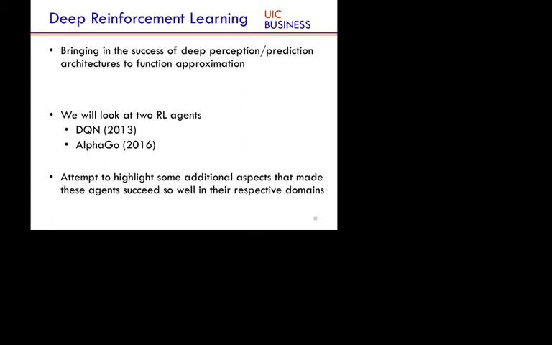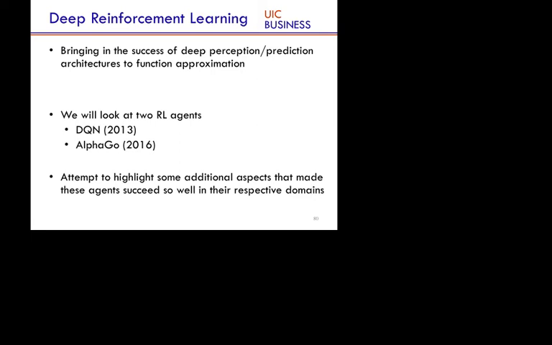So before that, why deep reinforcement learning? Why call it deep? Because we all know from the first 6 lectures, there's been a tremendous success in deep learning, and we want to bring in the success of deep perception or deep prediction architectures to function approximation. So the perception problem is to know what is there in the world, right?